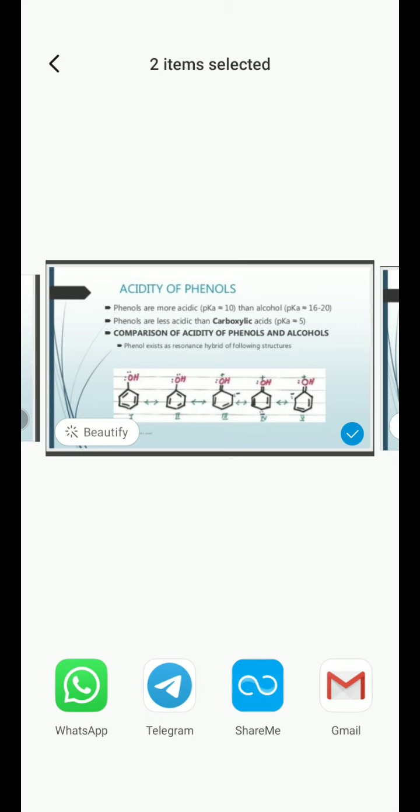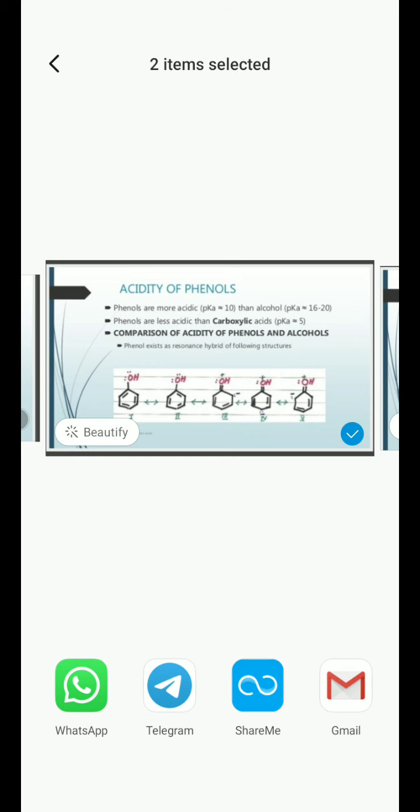H plus possesses a positive charge, which means it is electron deficient, so H plus removes itself without its electrons. The negative charge of the oxygen atom resonates throughout the structure, which is responsible for the acidic nature of phenol.